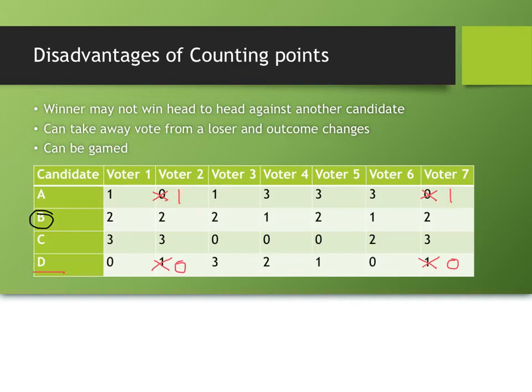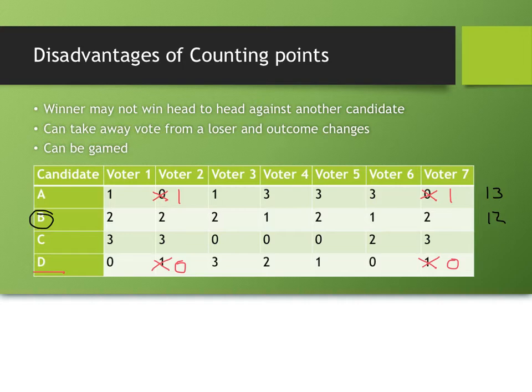Okay? But now all of a sudden, candidate A has 13 points to candidate B's 12. So I can take votes away from a loser, and all of a sudden the outcome changes, even though I didn't have to re-rank A and B. I didn't have to put A over B at any time.